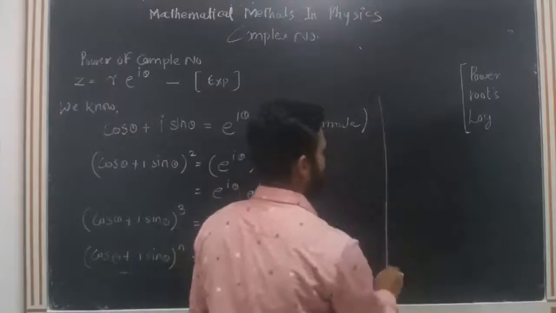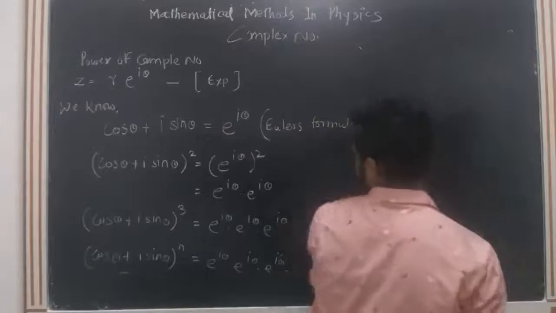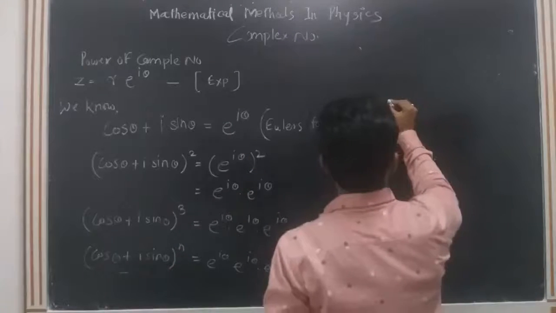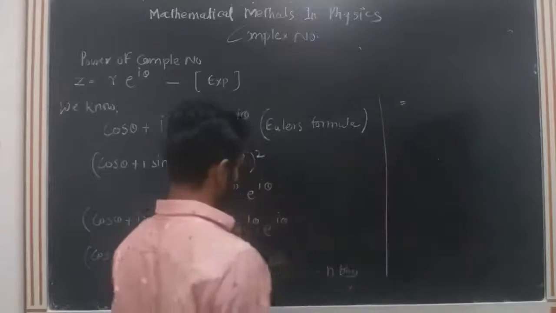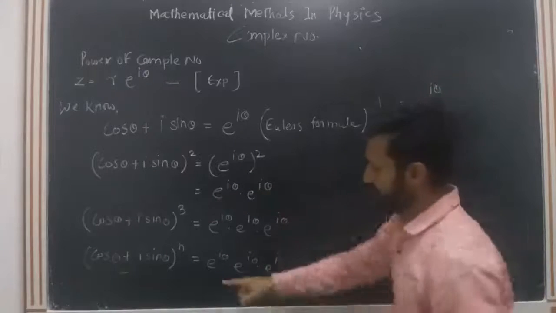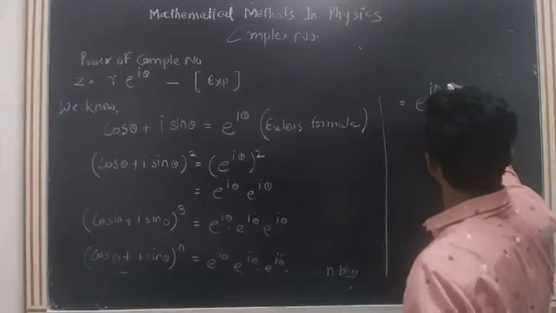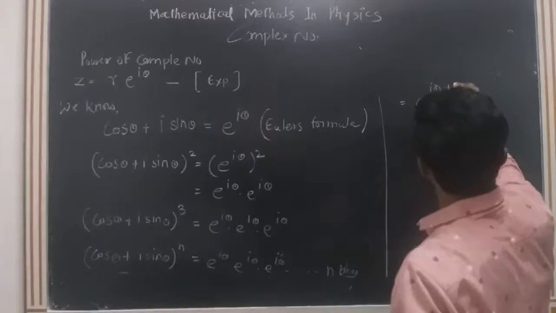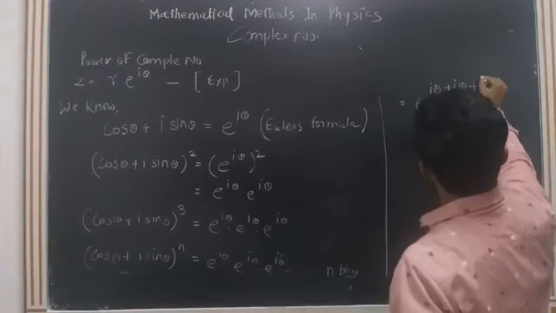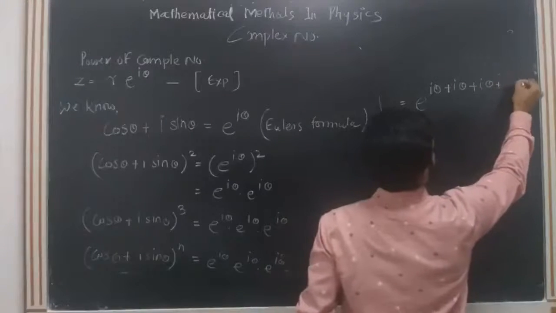Similarly, now we can rewrite this. In this multiplication of exponential terms, we can add the powers: i theta plus i theta plus i theta, plus n times.